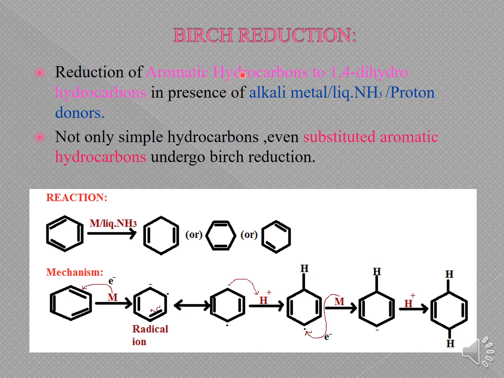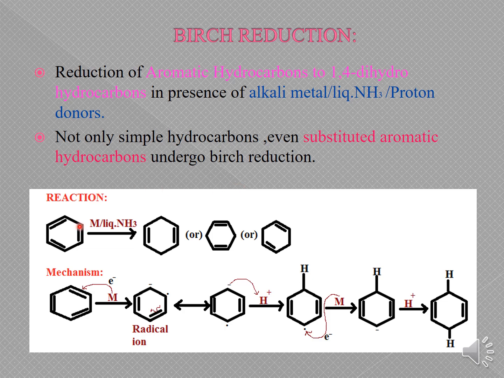Okay, here also there is homolytic cleavage, and transfer of electrons will take place. And here not only the simple hydrocarbons, even the substituted aromatic hydrocarbons, whether an electron withdrawing group or an electron donating group is attached, Birch reduction will take place for those also.